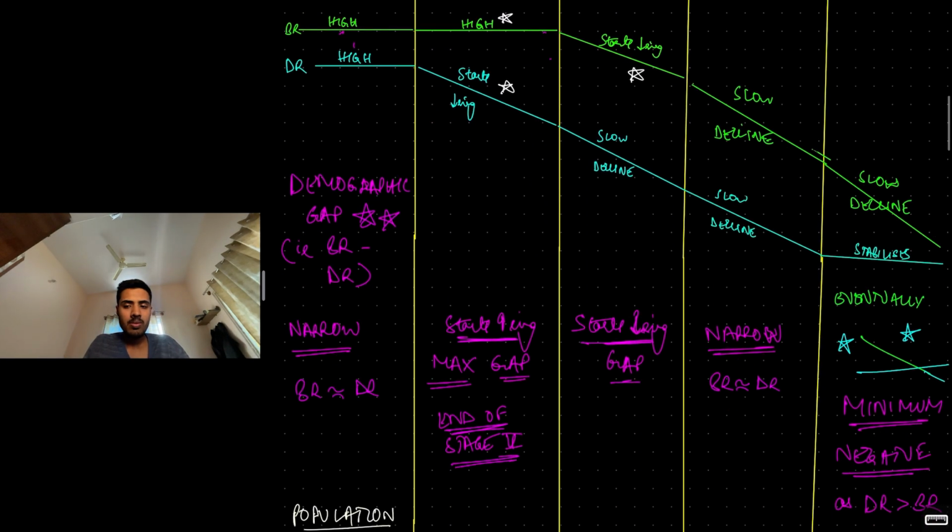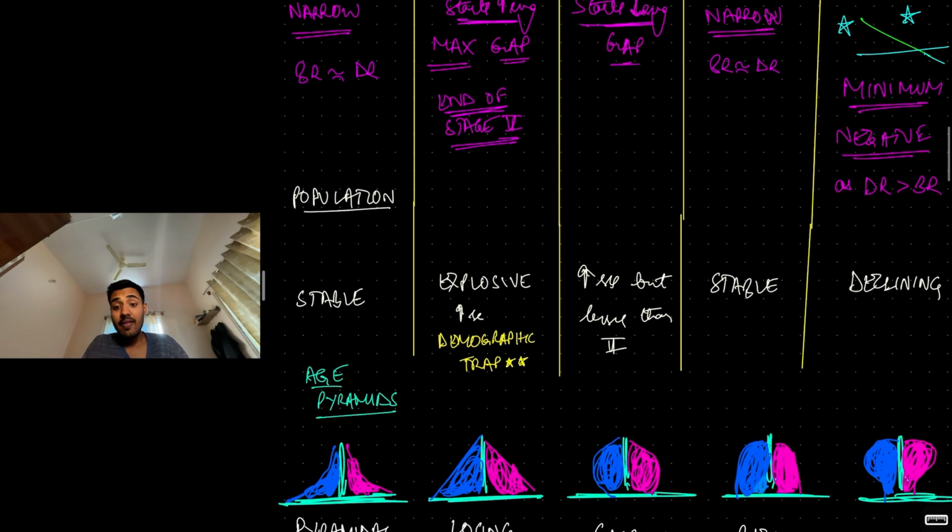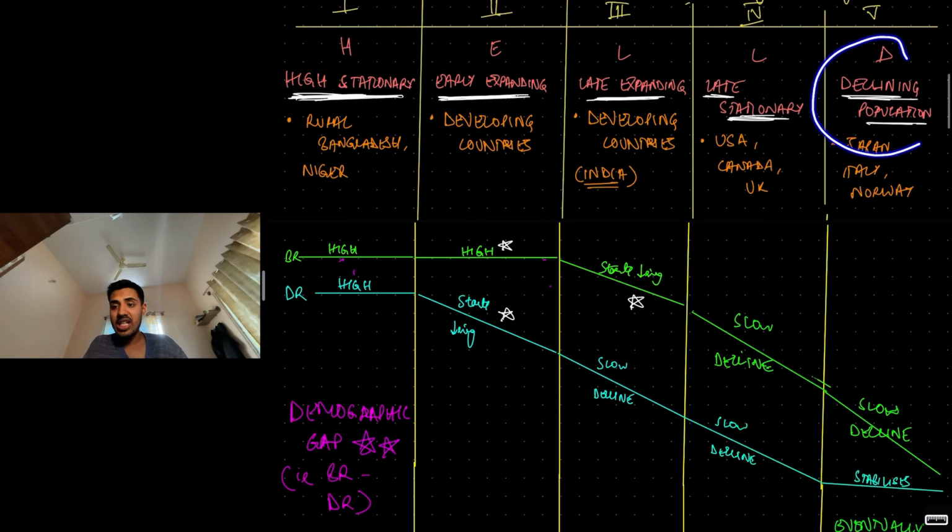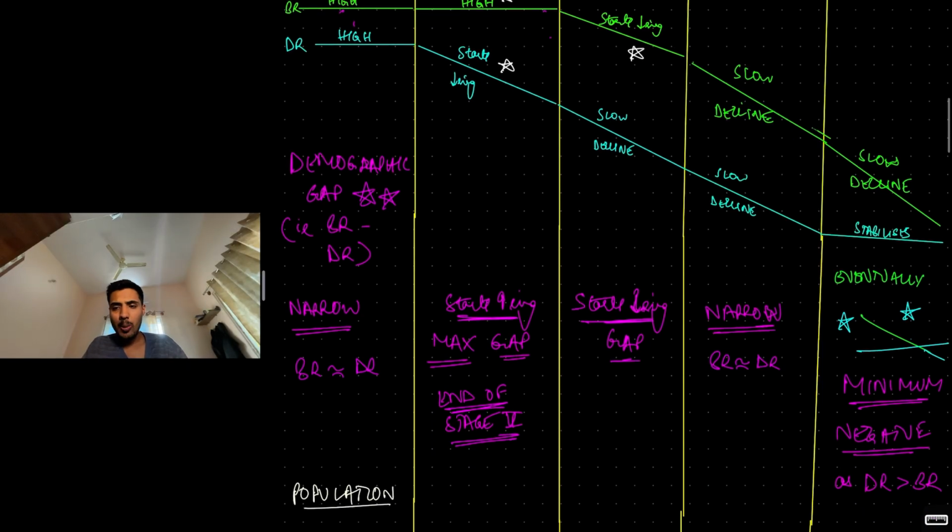This is the best. Eventually, it can go into stage 5, declining population. Death rate eventually stabilizes. See, death rate will never keep on decreasing, right? You only have so many people. But birth rate still remains on slow decline.